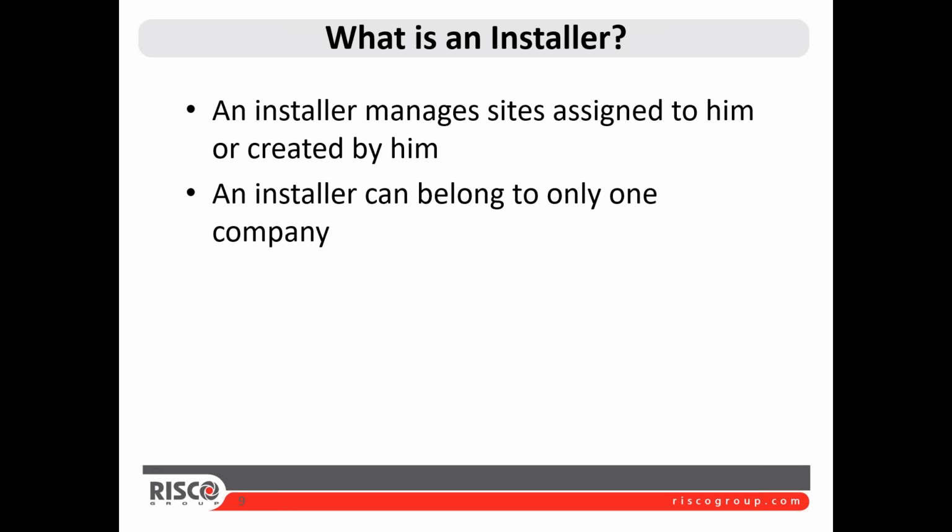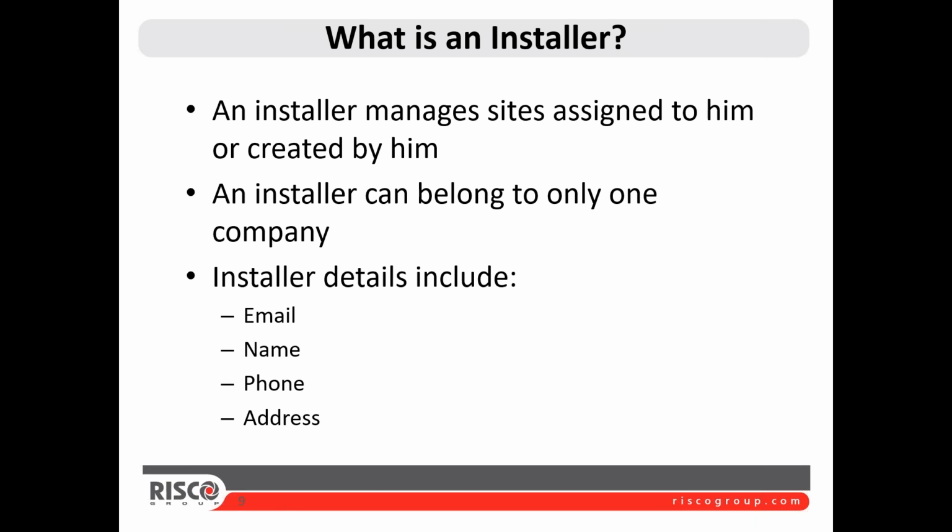So if you're a subcontractor working for a company that's managing RISCO panels, and maybe you're doing work for another company that's managing RISCO panels, then you're going to have to use a different email address to log in to that company's installer admin or installer cloud. Installer details include email, name, phone number, address.